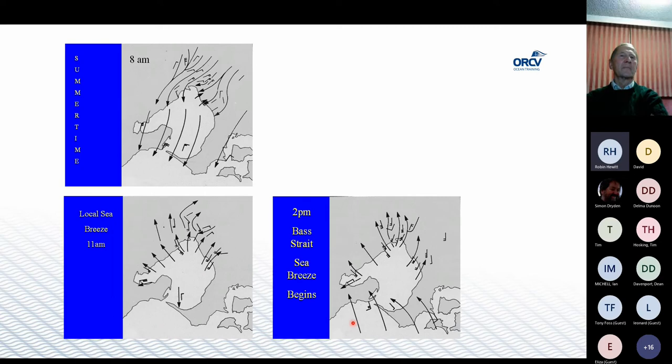Now, the ocean sea breeze runs at right angles to the average shore, which in this case is across here. So we get a southwesterly sea breeze, but it starts in this kind of way. It starts here with sort of easterly, becomes a bit westerly, and then becomes the full-blown sea breeze with a southwesterly.